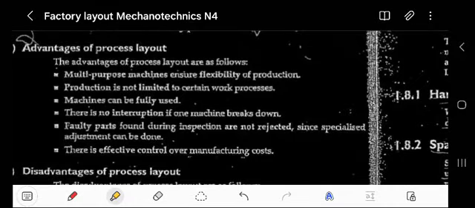Multi-purpose machines ensure flexibility of products. This is the same thing, but now the simplified process layout: products are not limited to a certain work process. Machines can be fully used.